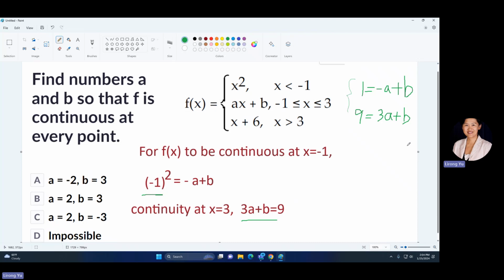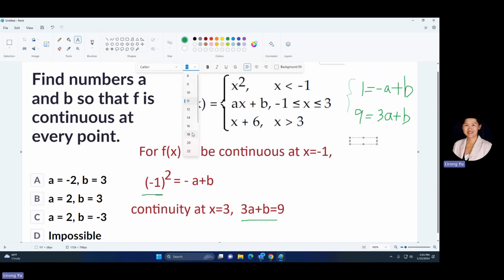Right, so let's try to figure out how to solve this kind of equation. It's called a system of equations, right? So how do we solve this kind of equation? Multiply the top equation by 3, that way it becomes negative 3a, which cancels out with 3a. So we multiply the top equation by 3.